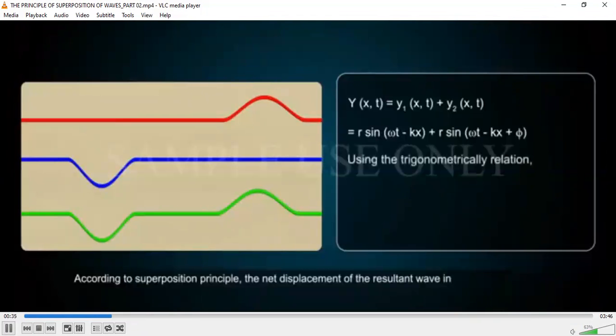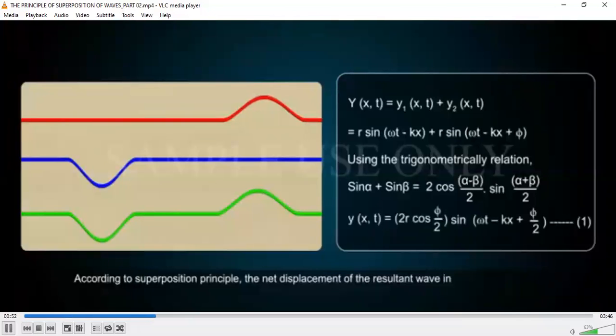Using the trigonometric relation sin alpha plus sin beta equals 2 cos of alpha minus beta by 2 into sin of alpha plus beta by 2, we get y(x,t) equals 2r cos of phi by 2 sin of omega t minus kx plus phi by 2.